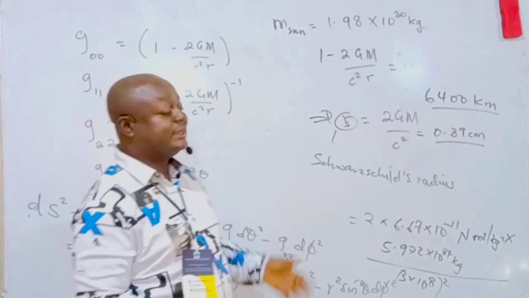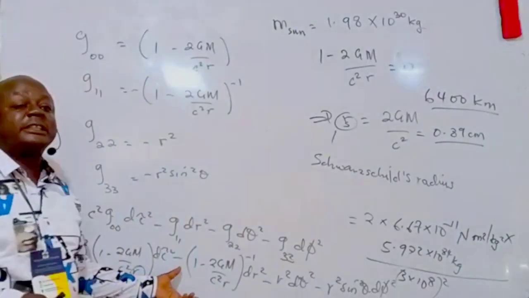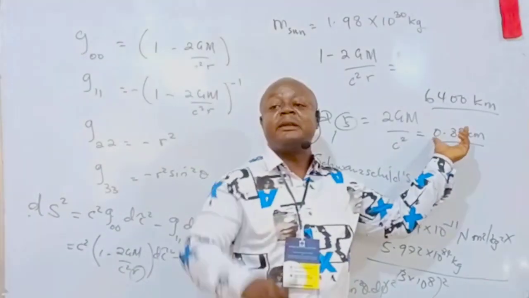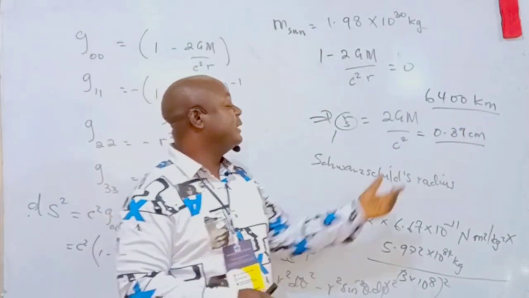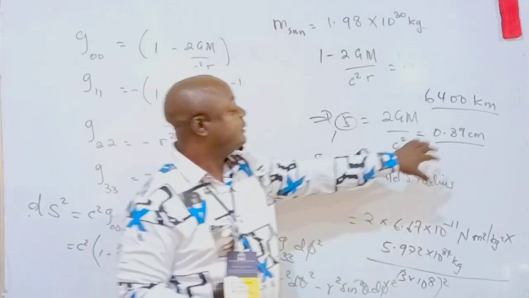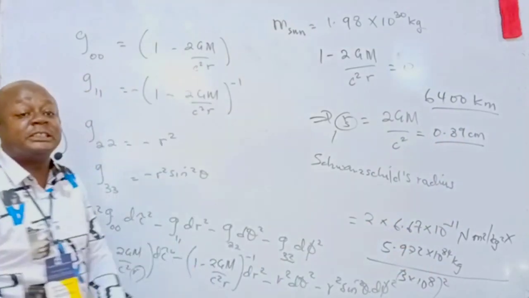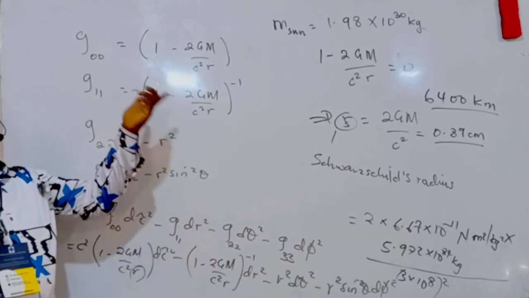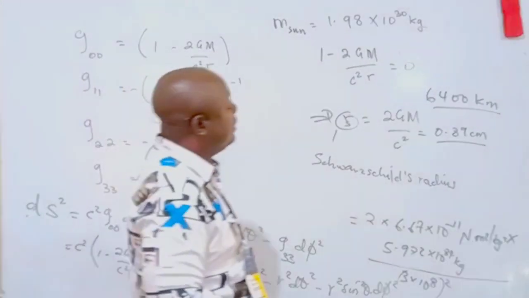And our metric is an exterior metric. The metric we are using is a metric exterior to the body. But our Schwarzschild's radius is lying within the body. So what it simply says is that within the body, the metric you need to use is the interior metric. An exterior metric cannot be applicable in the interior.